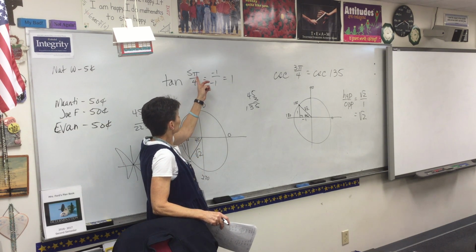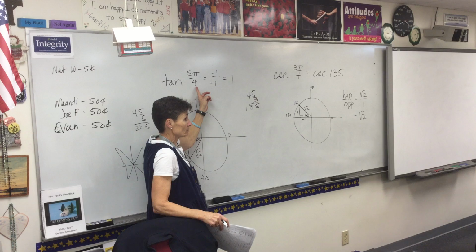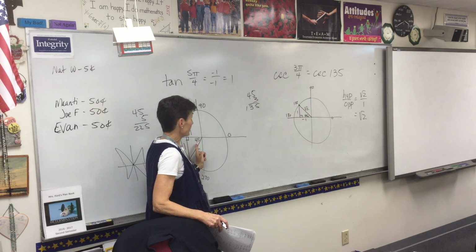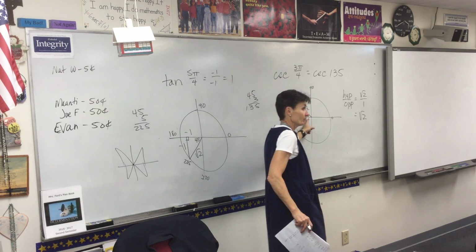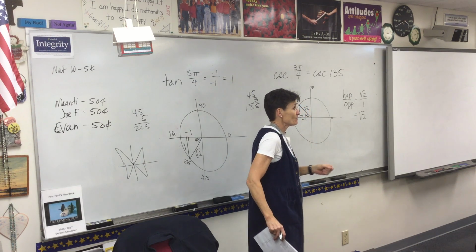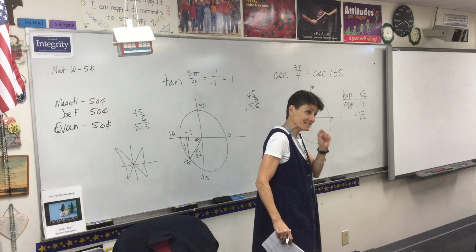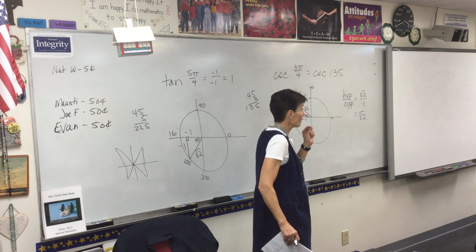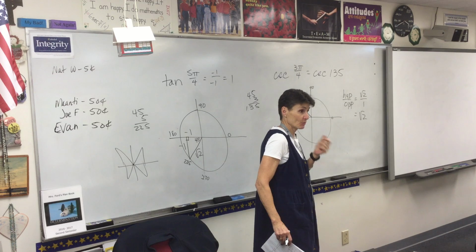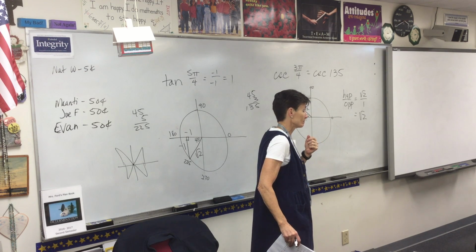When you have something over 4, your reference angle is always going to be 45. If you had pi over 3, your reference angle would be 60. And if you have pi over 6, it will be 30, always.